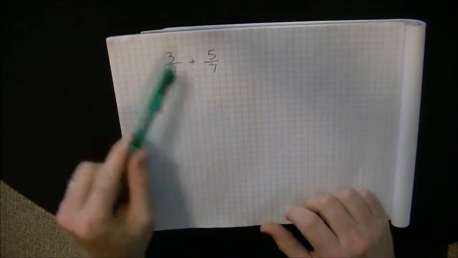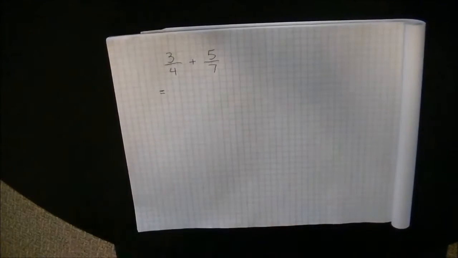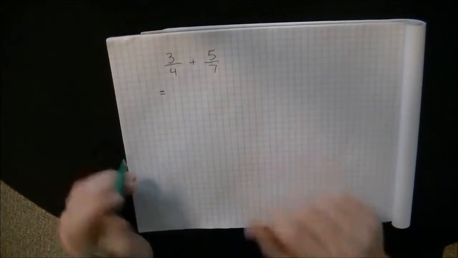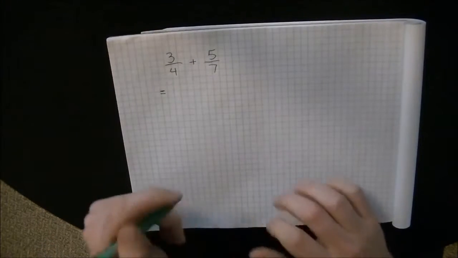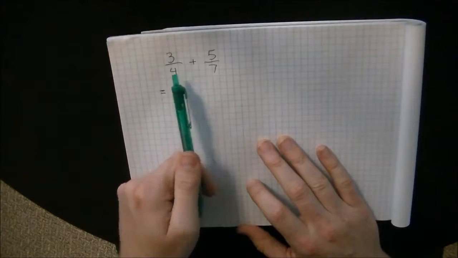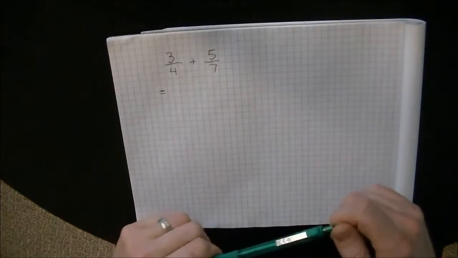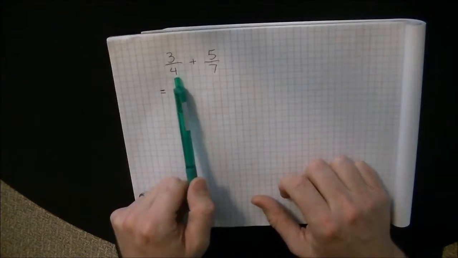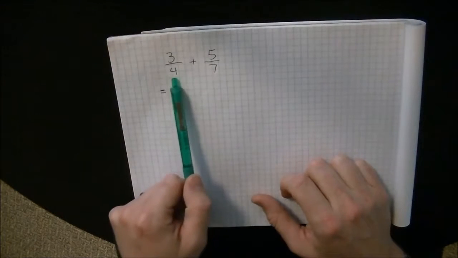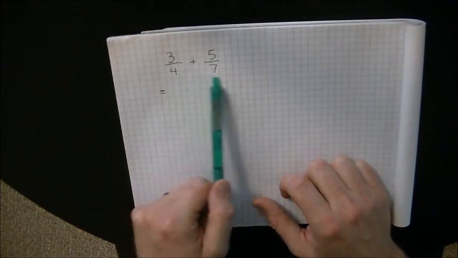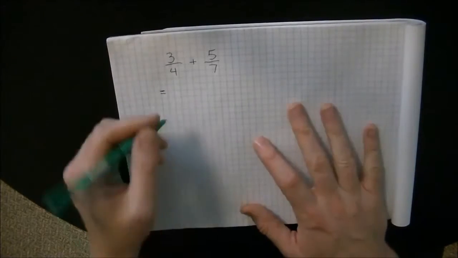Okay, so what we're going to do is find equivalent fractions for both of these that have the same denominator. And the easiest way of doing that, or at least the least complicated way, is to just say, hey, take these two numbers and multiply them together. 4 times 7 is 28.